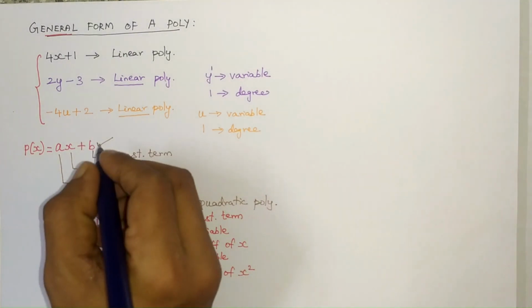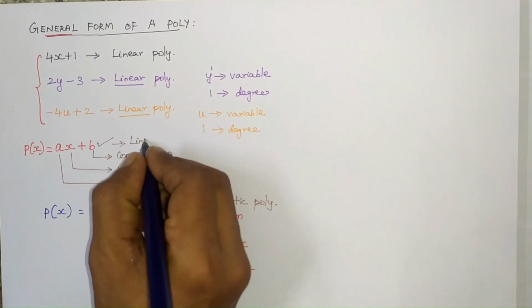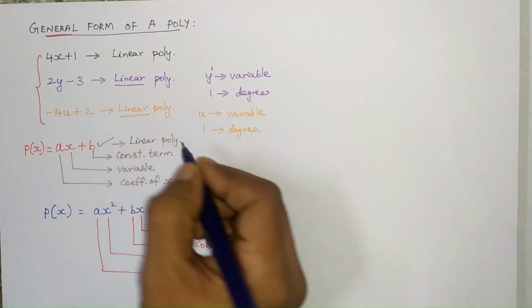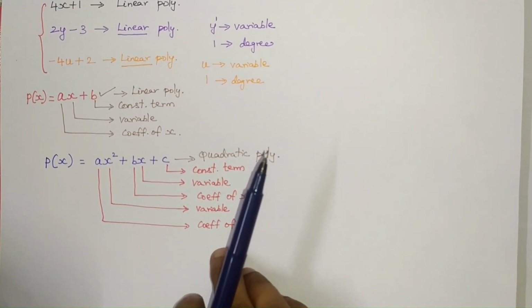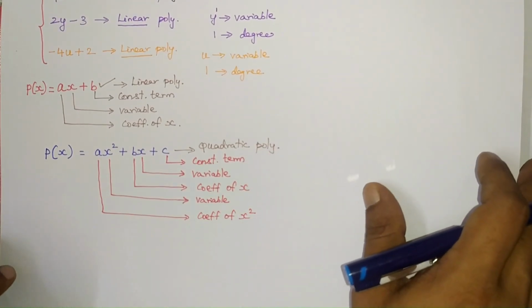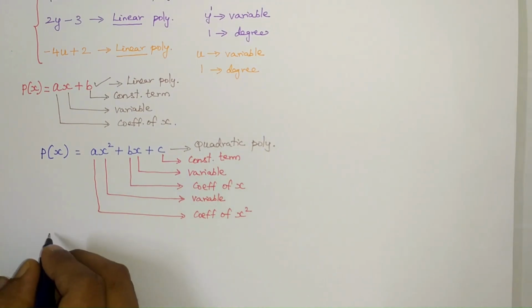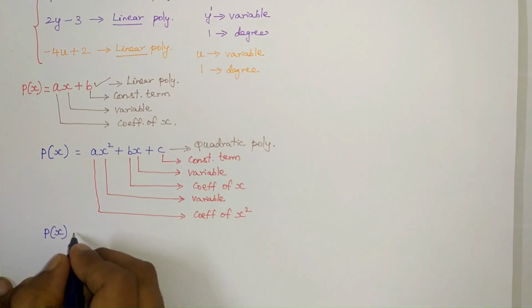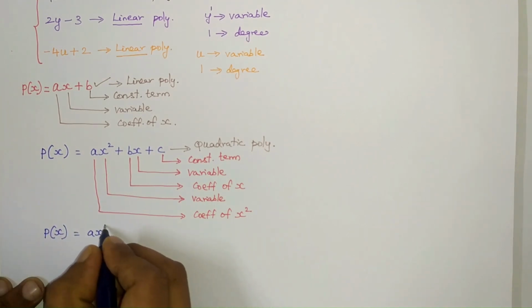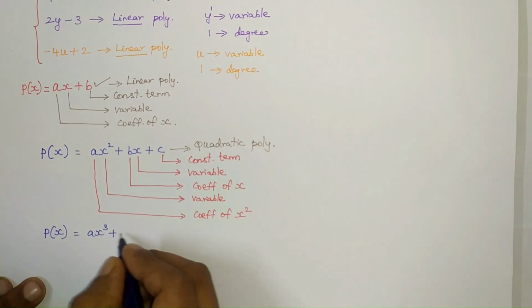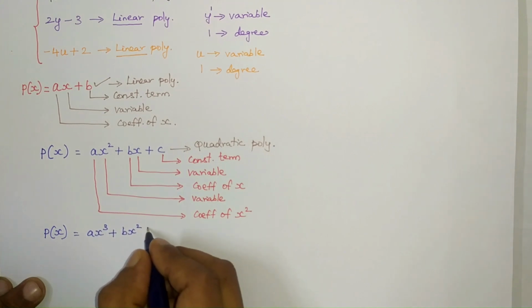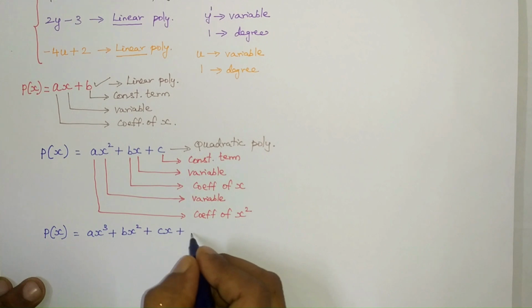So this is for the linear polynomial. Similarly, I can write the general form of a cubic polynomial also. Say p of x is equal to ax cube, here the degree is 3, the highest degree is 3, plus bx square plus cx plus d.